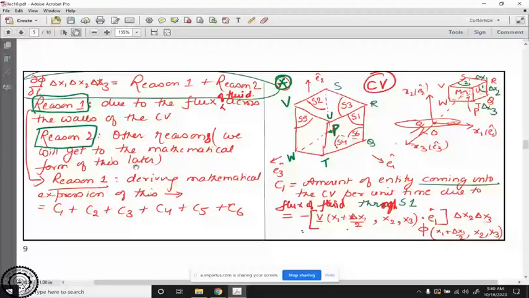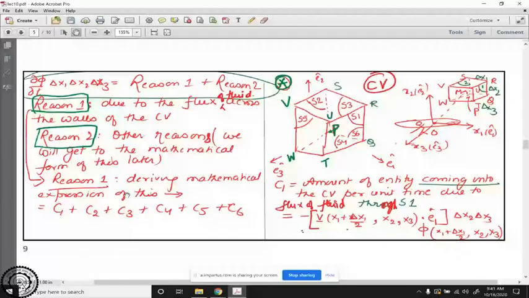So reason 1 clearly represents a particular kind of physics because of which the amount can change. And right now, I'm going to focus on that and try to get a mathematical expression for reason 1. And I will use the definition of flux that we had about 10 minutes ago. Okay, so let's focus on reason 1, deriving the mathematical expression for this.